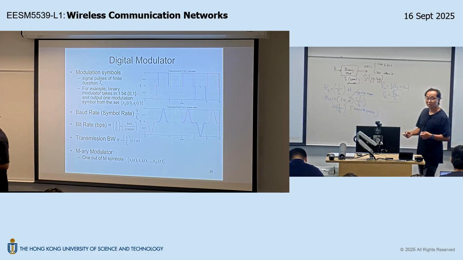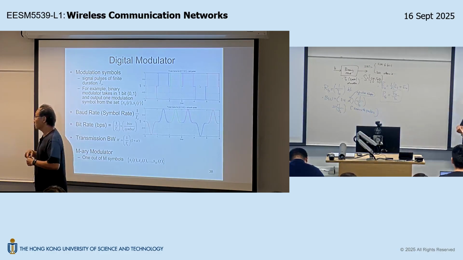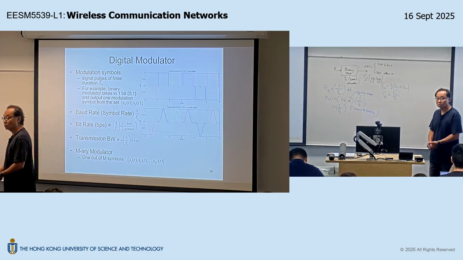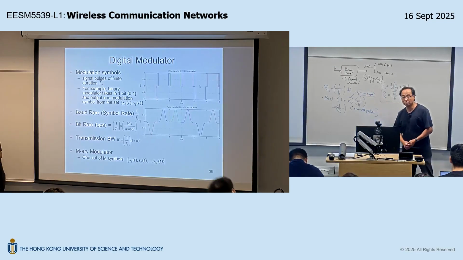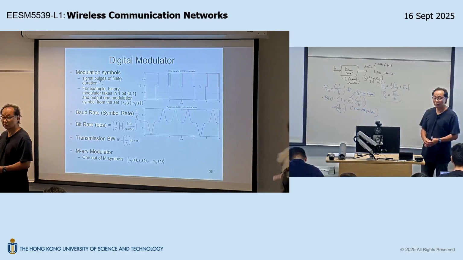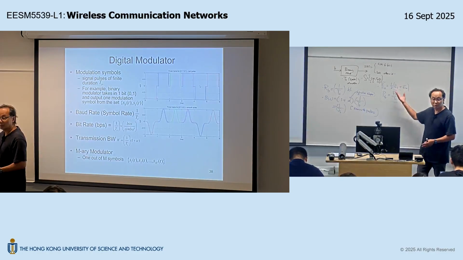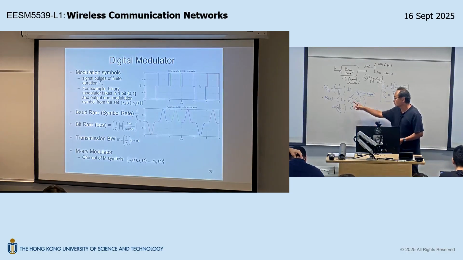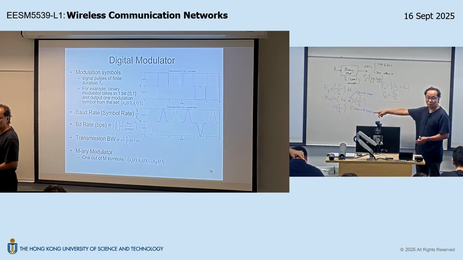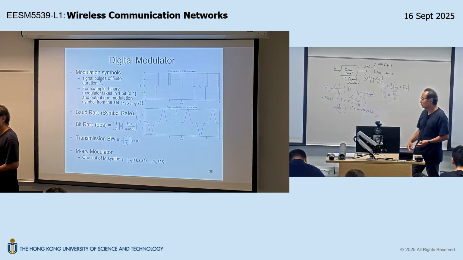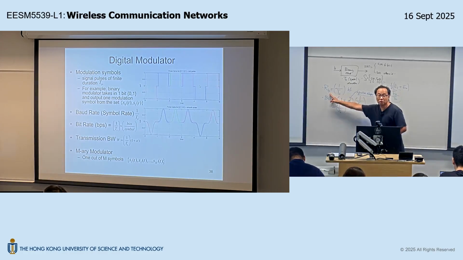Is that okay? So now with this simple black box approach, with these two parameters behind the black box called binary modulator, we can already talk about the bandwidth metric and the power metric. These are two cost metrics. And then we can also talk about one of the two performance metrics, which is the bit rate.